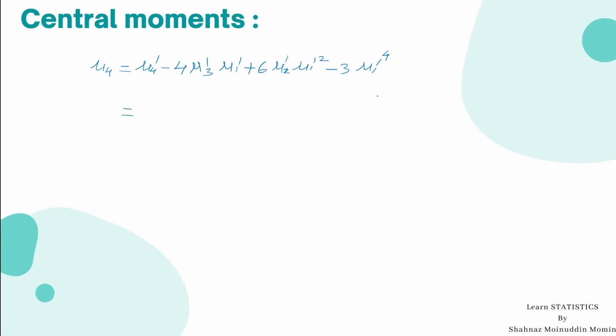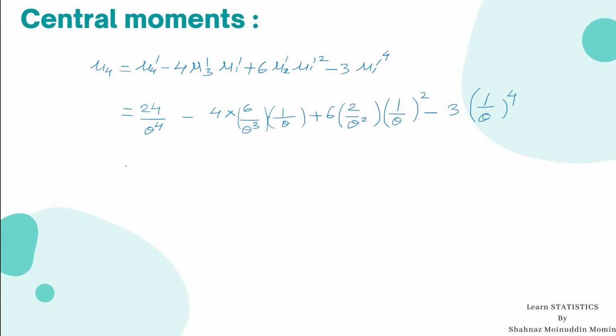Substitute all the raw moments, after simplifying we get 24 by theta raised to 4 minus 24 by theta raised to 4 plus 12 by theta raised to 4 minus 3 by theta raised to 4.